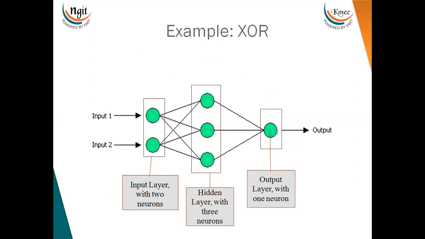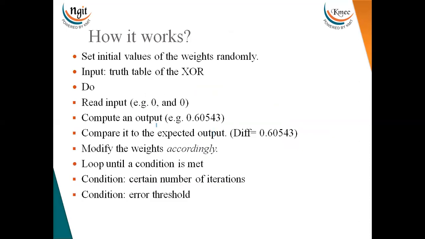Now what we will observe here is one example, XOR, in which I am giving two inputs and one output, and there I am making use of one hidden layer. Now, let us see. We are reading two inputs, 0 and 0. For an XOR gate, when both inputs are 0, my output should be 0. But what output am I getting? 0.6. It means there is a difference of 0.6.